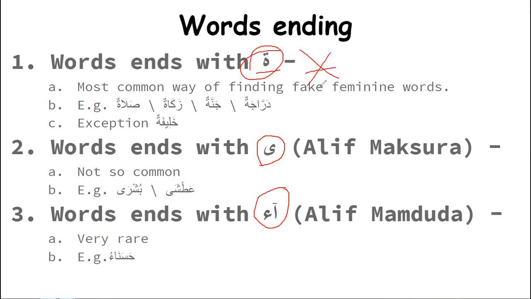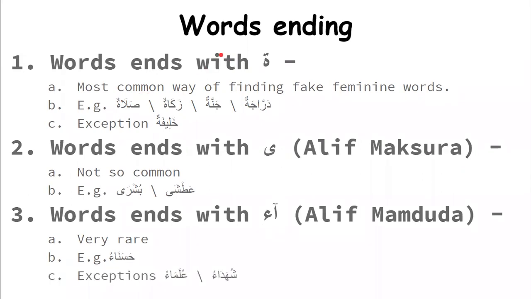Ta marbuta, alif maksura, and alif mamduda. Those word endings are considered feminine, but this one is most common. Okay, so we can move forward, inshallah. What are the word endings we can find to make something feminine? Ta marbuta, alif maksura, alif mamduda. Which one is the most common?